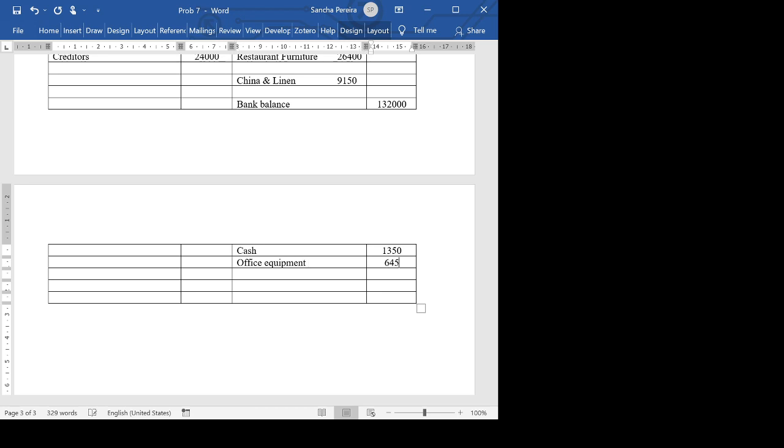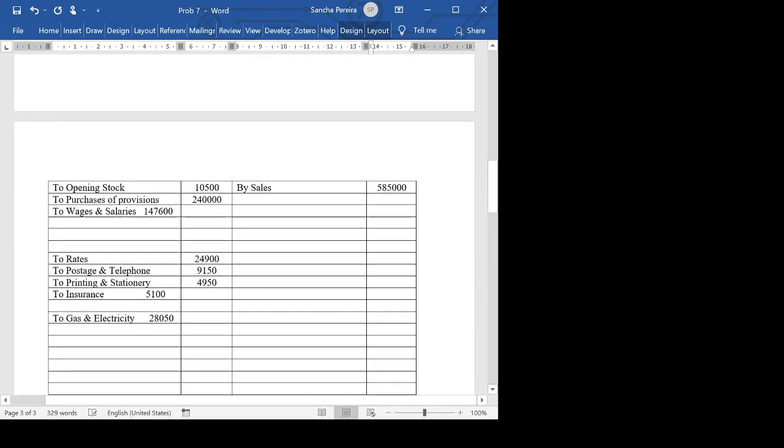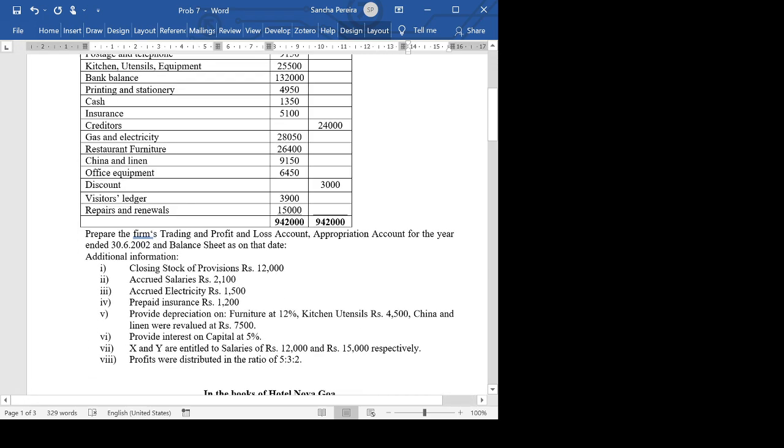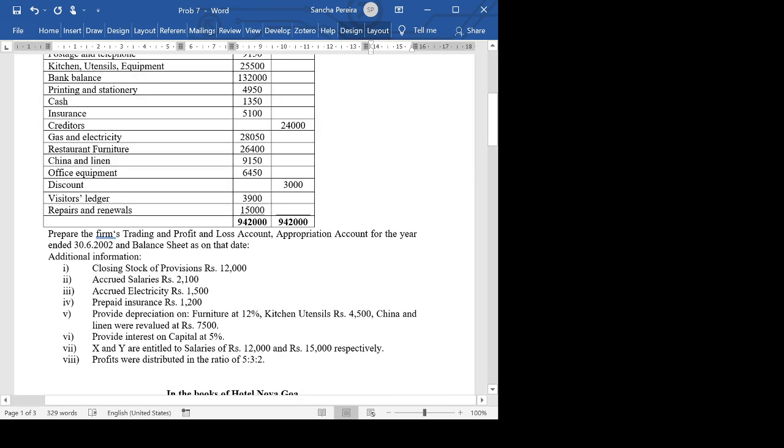There's no depreciation on this. It's only on furniture, kitchen utensils, and china. Office equipment, 6,450. Discount: since it's a credit balance, we know that it is discount earned.